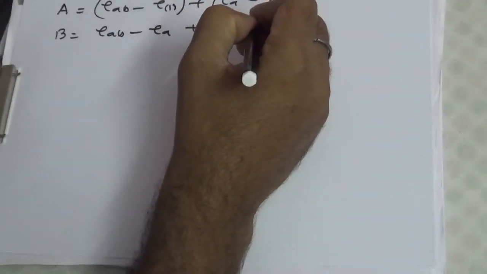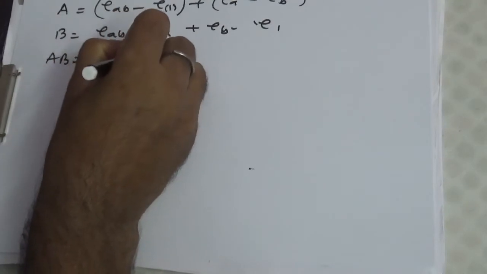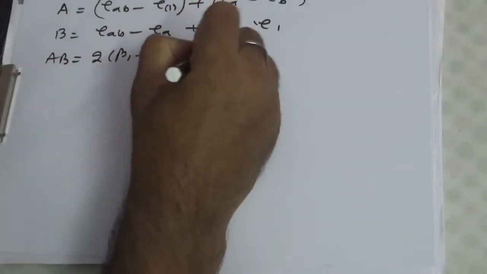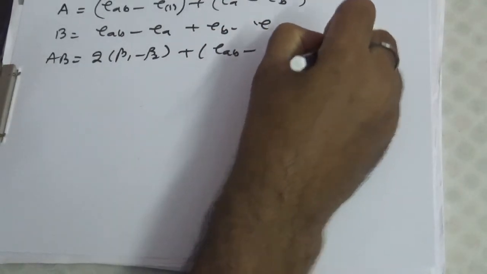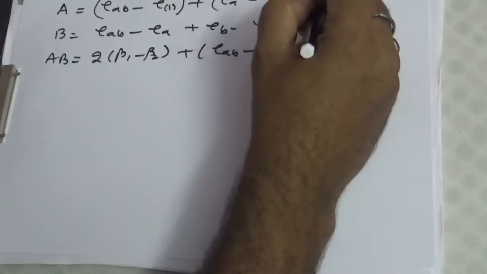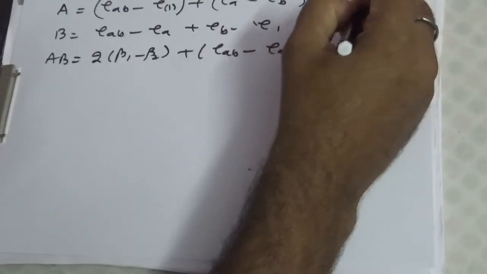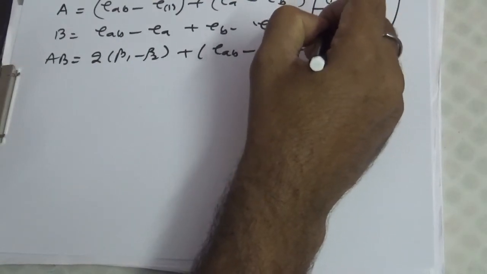And for AB, it is twice of beta 1 minus beta 2 plus tau AB minus tau A minus tau B plus tau 1. And I can write down this block arrangement also, so that it is available in the same sheet.